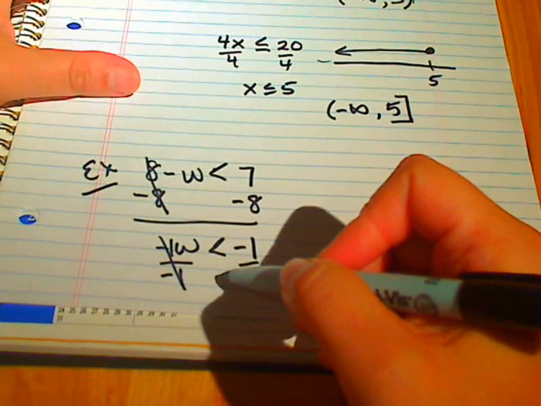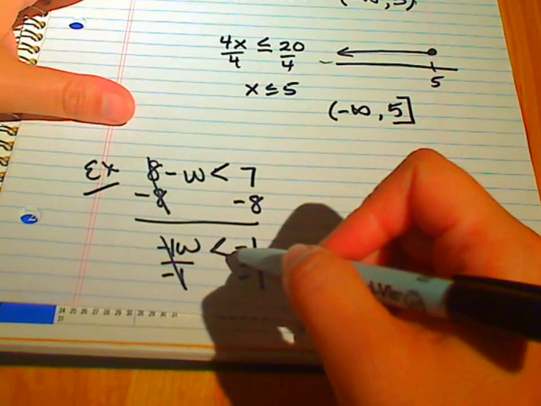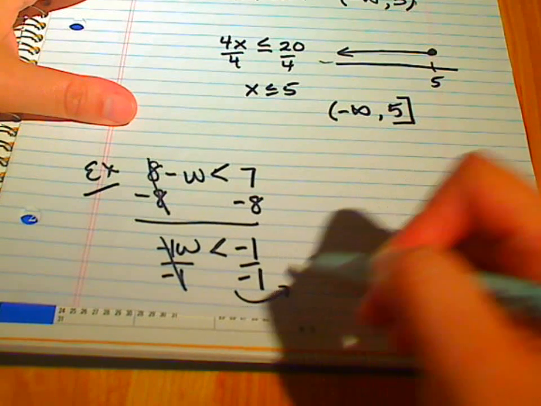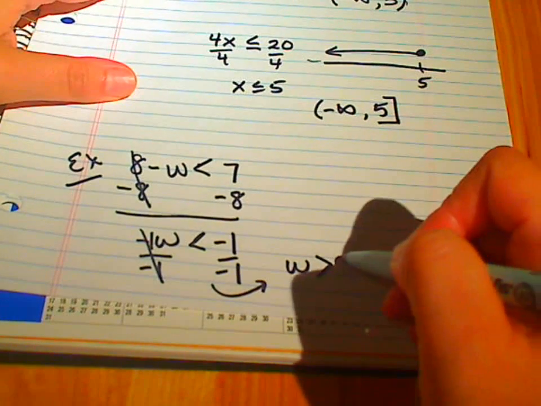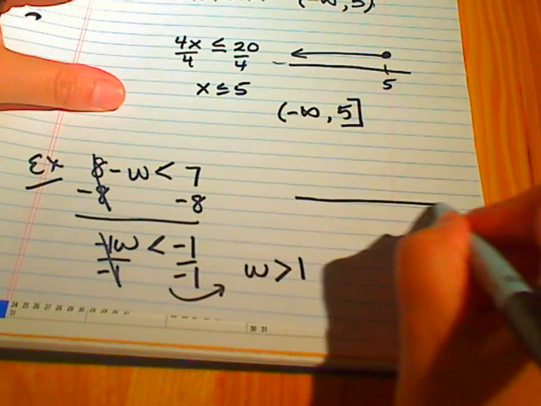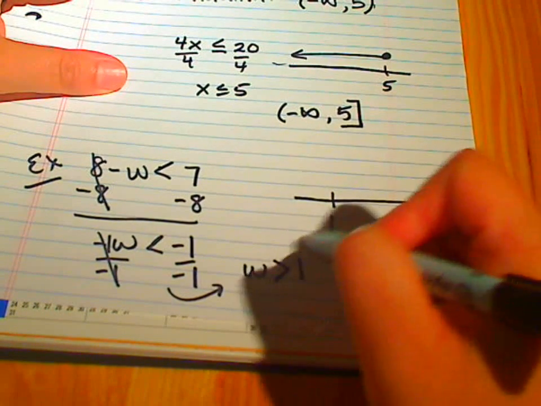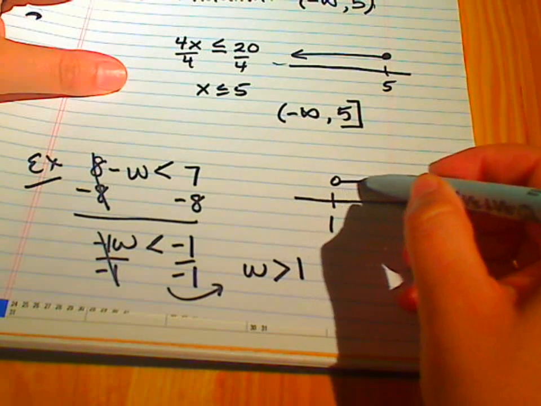And anytime you multiply or divide by a negative, the sign has to flip. So this one, my answer would be w flip, greater than +1. So as a graphing representation, I would have +1, it would be an open circle, and I want numbers larger than 1, so it would go this way.